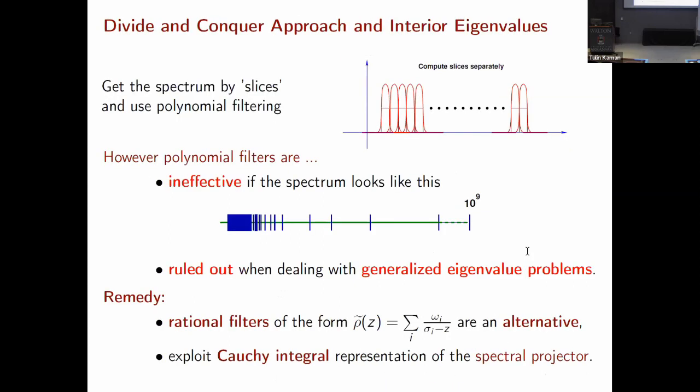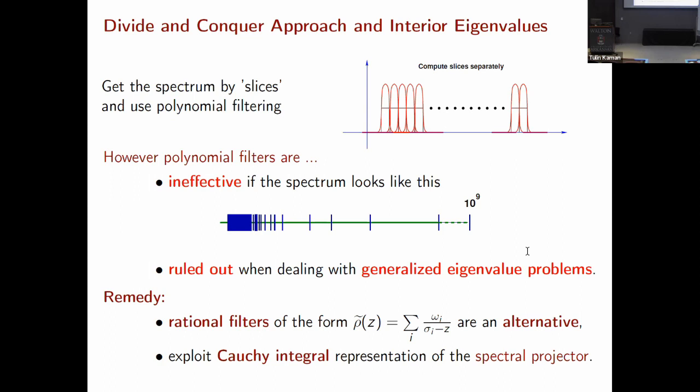Even if it's 10% starting from the smallest or the largest, eventually we end up having to compute the interior eigenvalues.